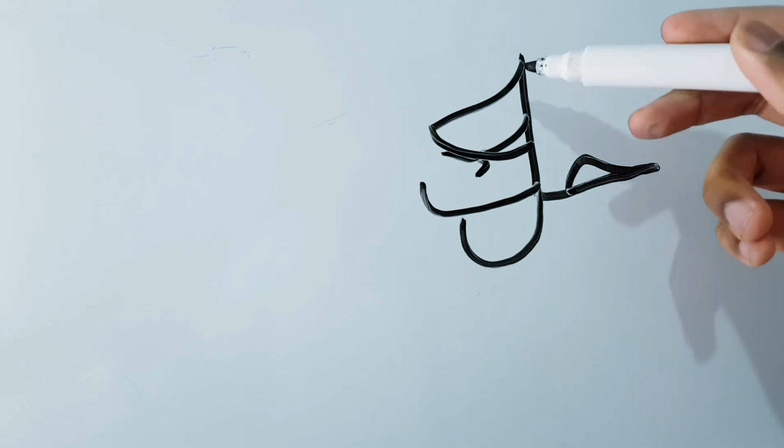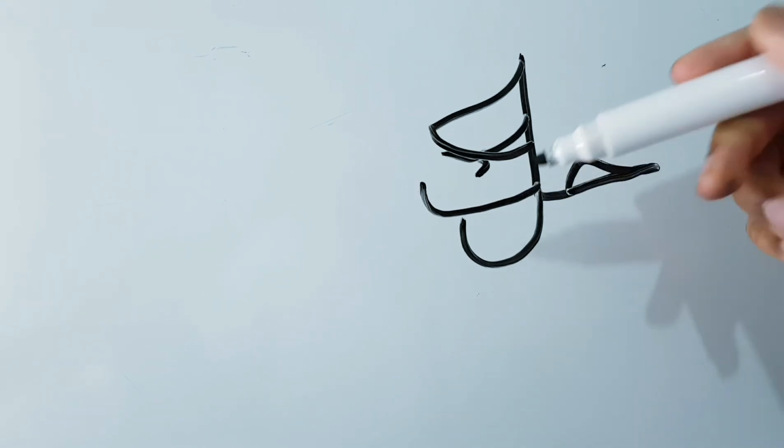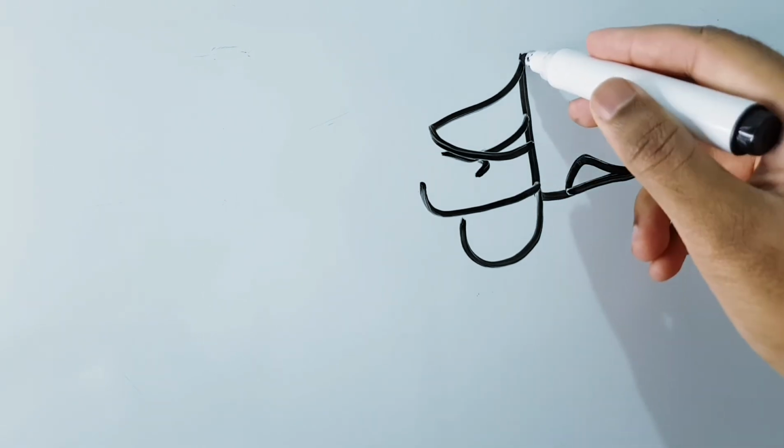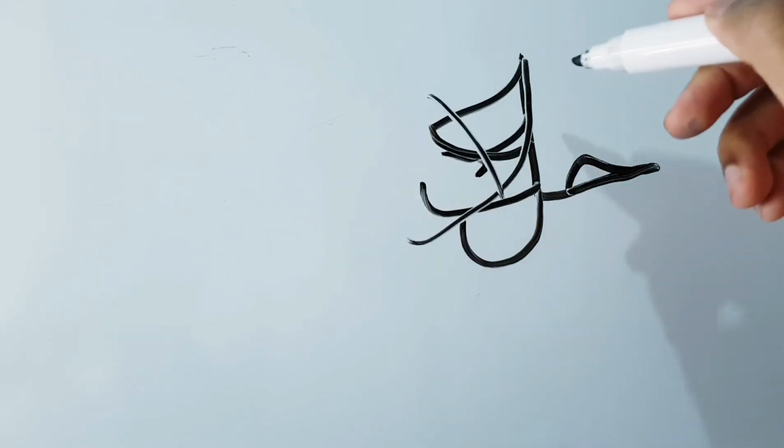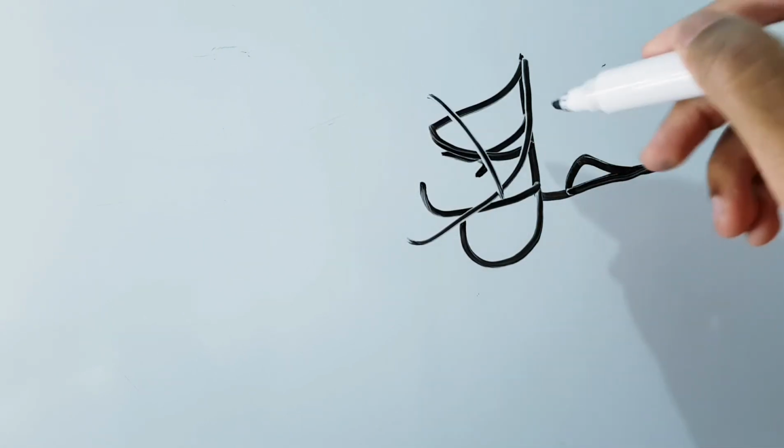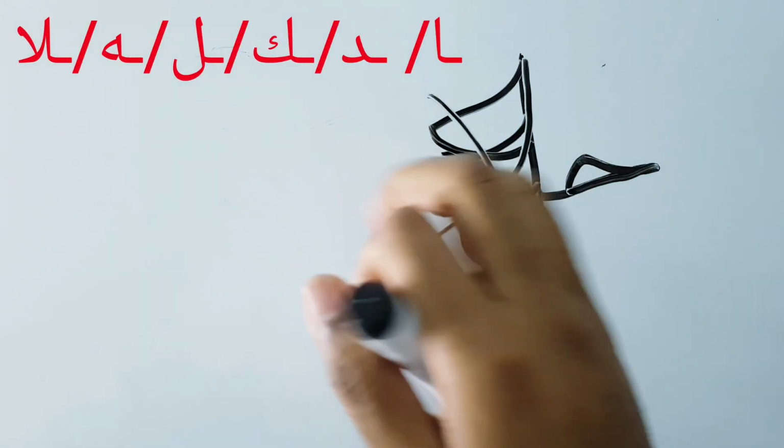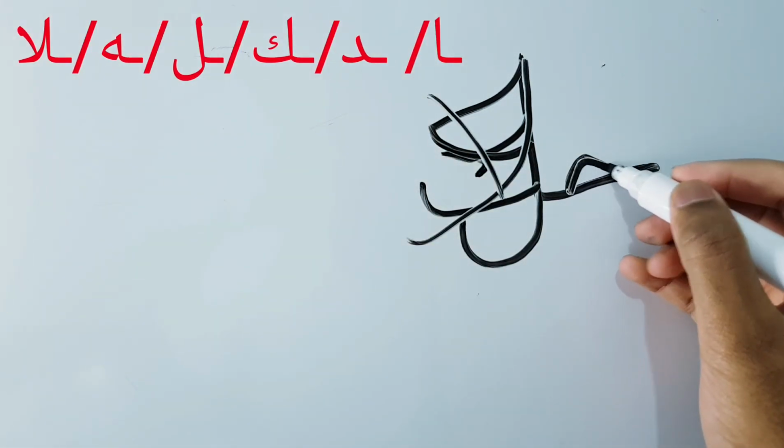So when it's followed by these letters, alif, kaf, lam, lam-alif, the ha that comes at the end, or the dal, when it's followed by certain letters, this part is closed.